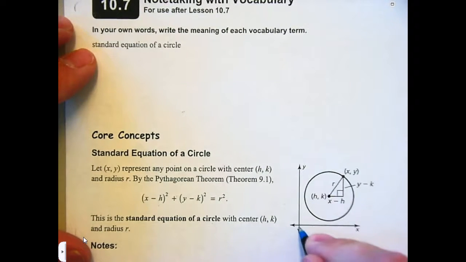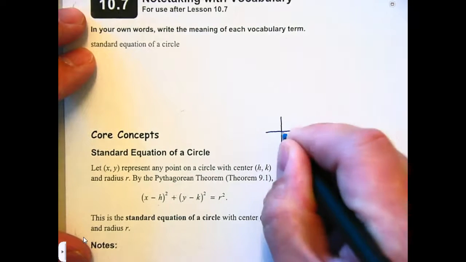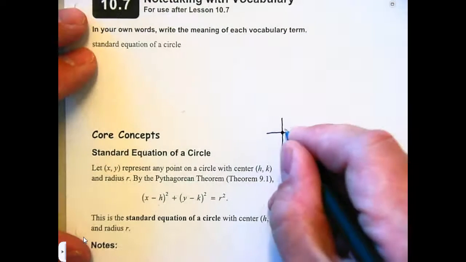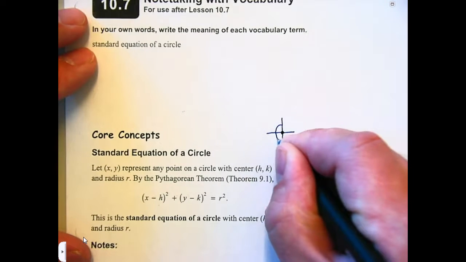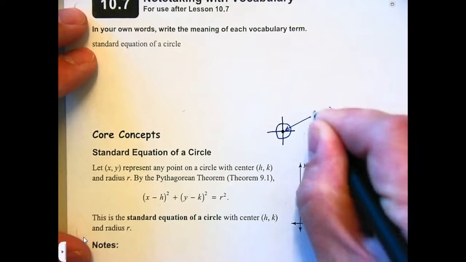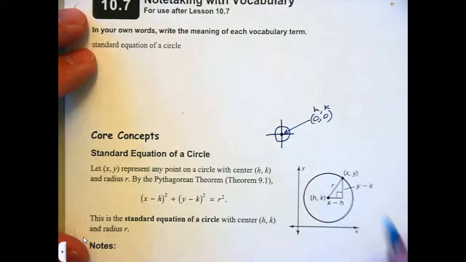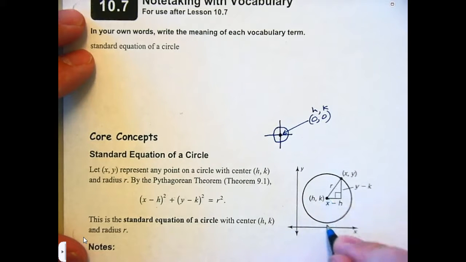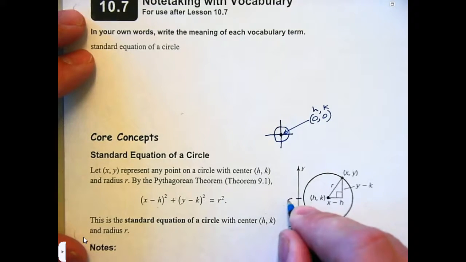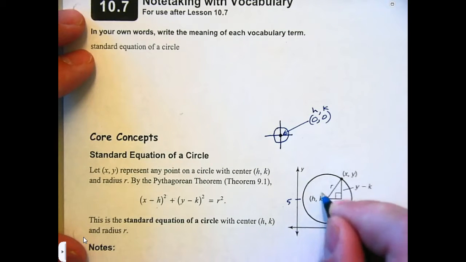So for instance, if you think of a circle normally starting at the origin, the very middle, at the ordered pair 0, 0, that would be H and K. When I move my circle to, let's pretend, the ordered pair 4 and 5, H is now 4, K would now be 5.